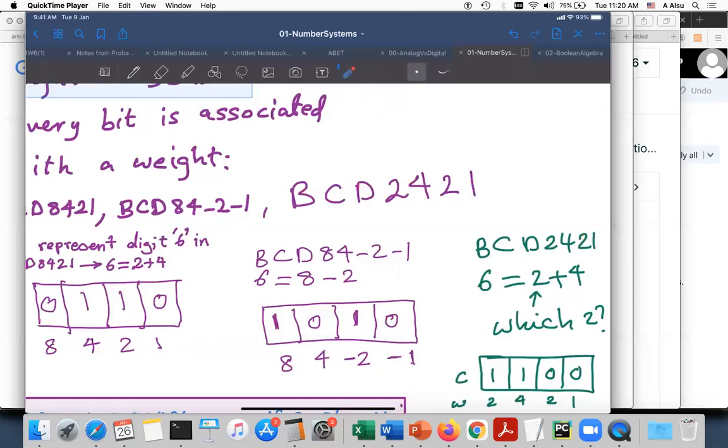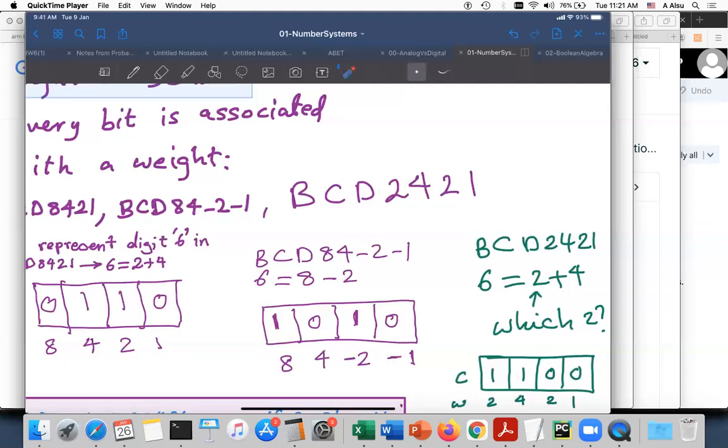Some codes use the 2 plus 4 in which this 2 is the more significant bit for the 6, and some other codes use the lowest 2, which is this one. It depends on which one you're using. But for our example, we're using the most significant bit as the 2 here. So in this code, the 6 is going to be 1 times 2 plus 1 times 4 plus 0 times 2 plus 0 times 1. So eventually it is 6.